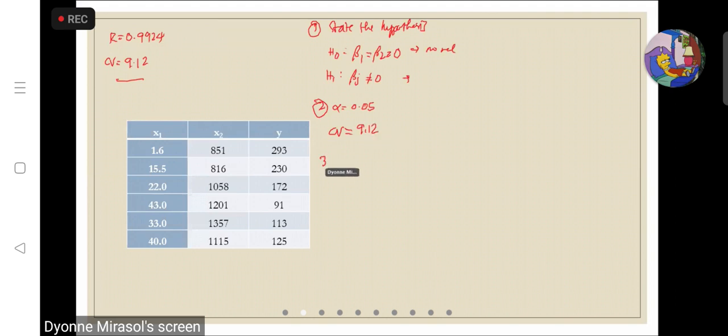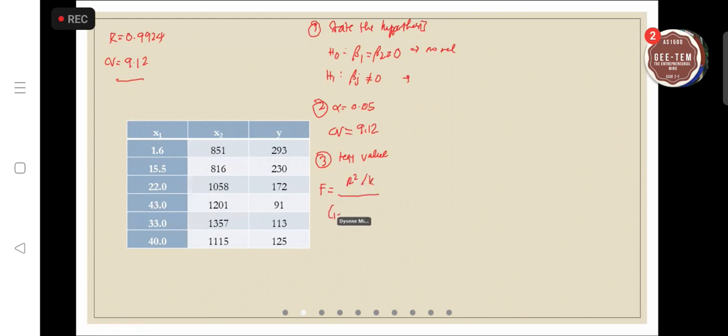Next is solving the test value. So solving for the test value, r squared over k over 1 minus r squared over n minus k minus 1.